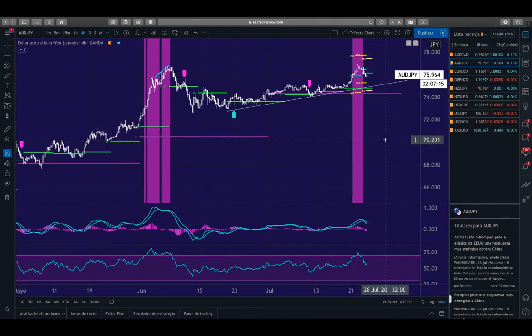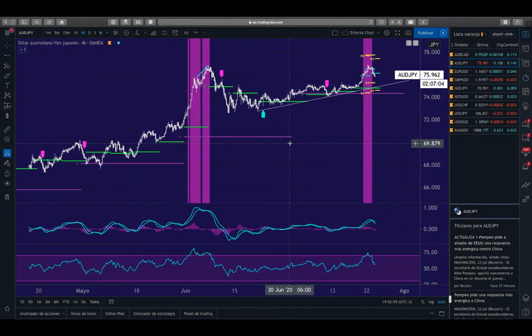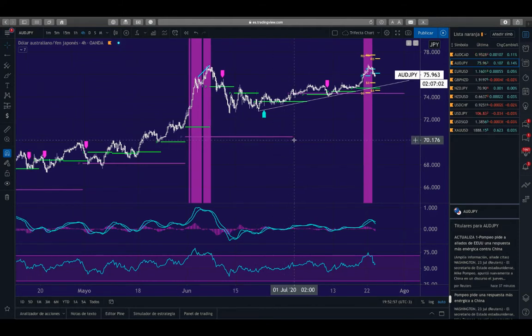So this is a really interesting thing to happen, and it would be nice to see what the market does if we break this trend line that we have here, because we have also the June missed monthly pivot, and it would be really nice as a target.